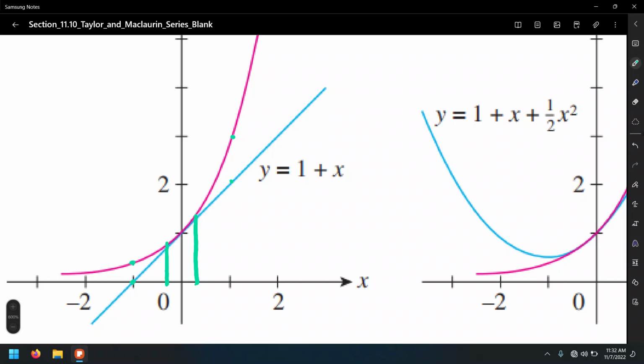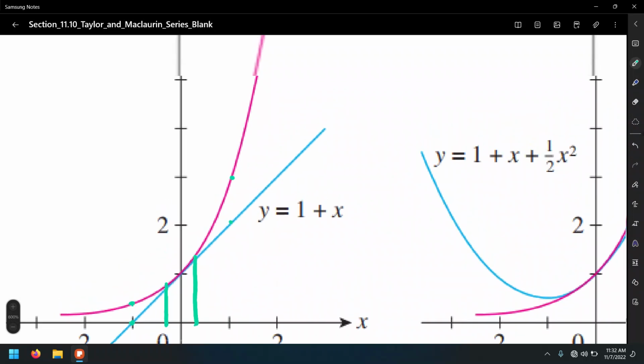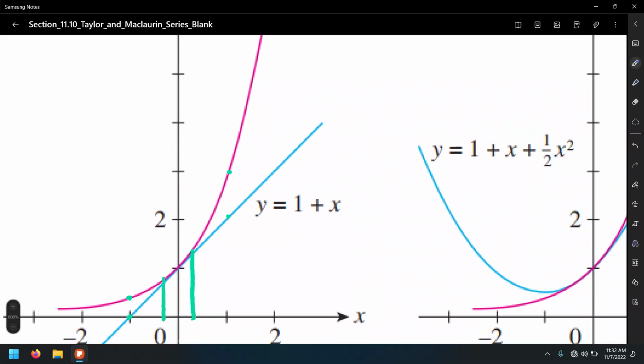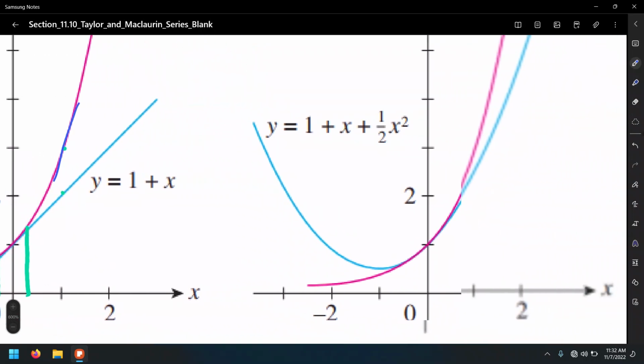Well, again, one option is to come up with other linear approximations near these values. That's one option. However, the best option here is to just use a polynomial approximation. What happens with the quadratic approximation?